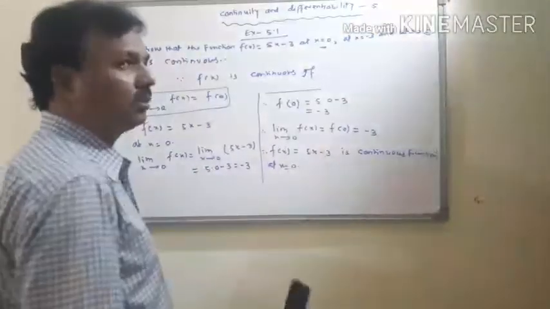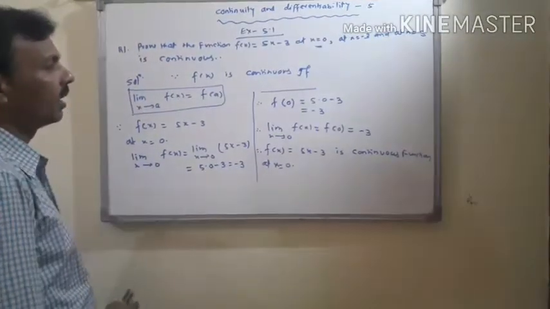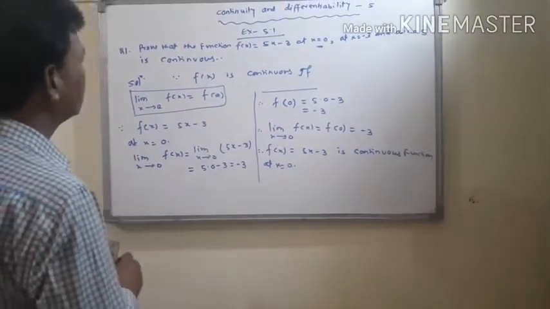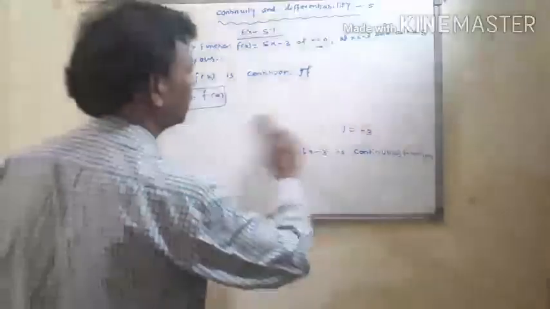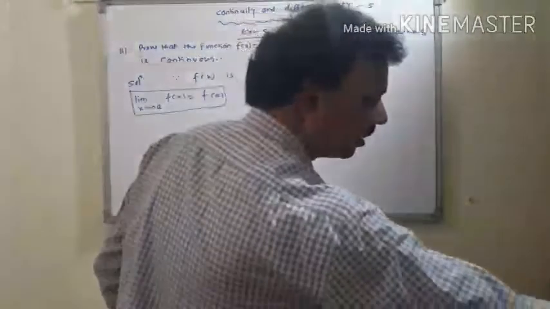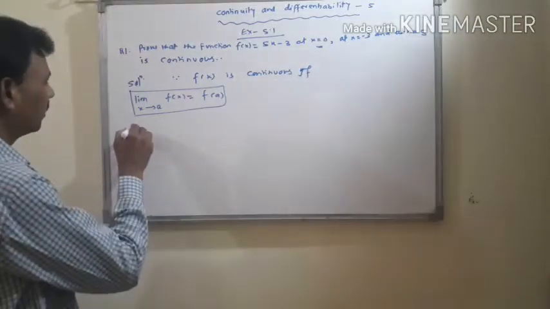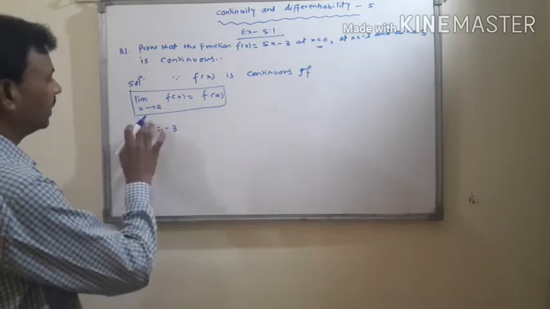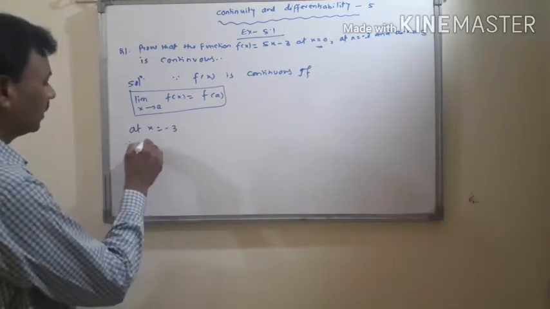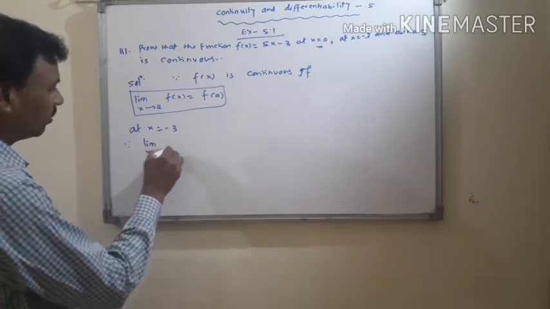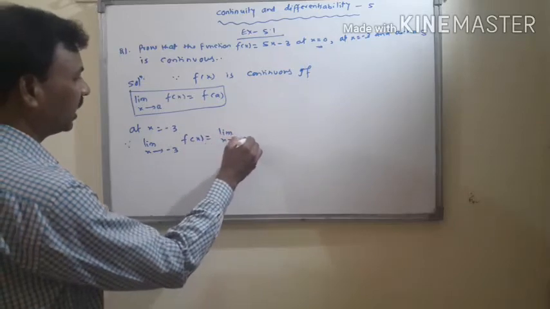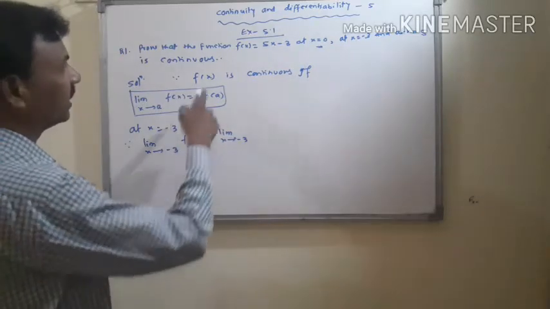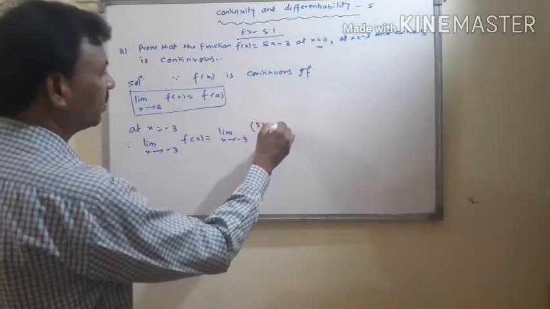Now we will take the next condition, at x equal to minus 3. At x equal to minus 3, limit x tends to minus 3 f of x equal to limit x tends to minus 3, where the value of f of x is given as 5x minus 3.